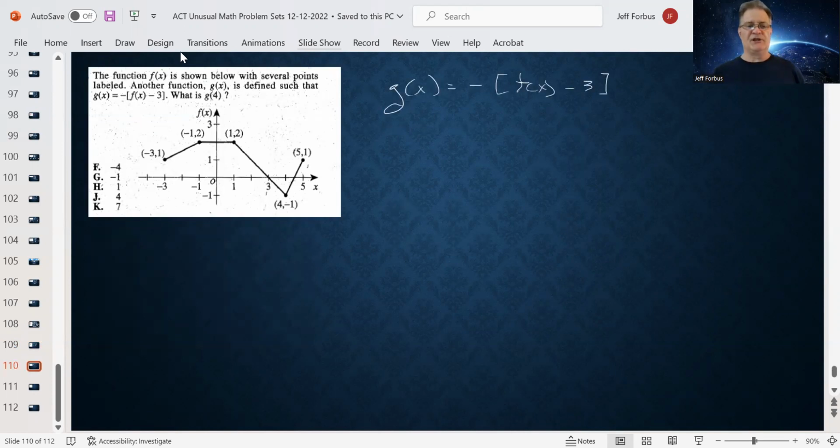And they want to know, what is g of 4? Well, if we go to the point where x is 4, the corresponding y value is negative 1. So therefore, we're going to have negative, f of x, or you can call it y, minus 3.